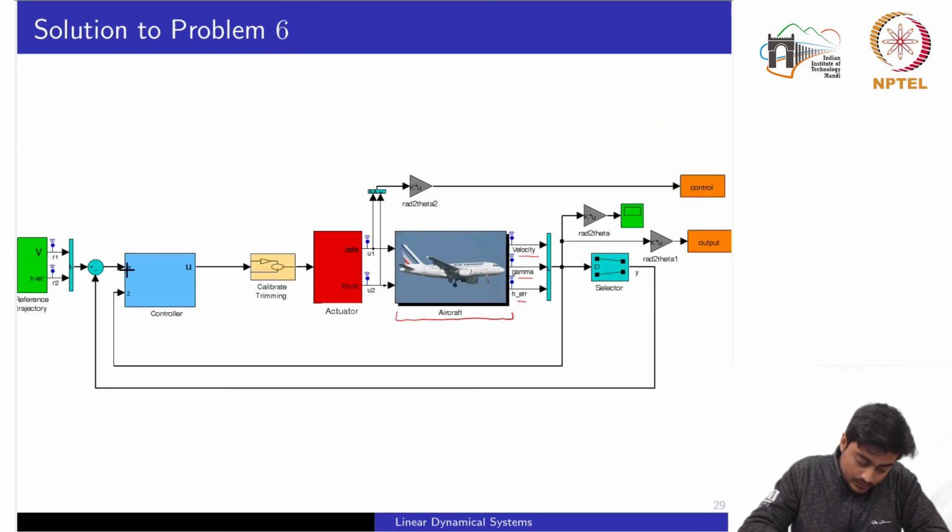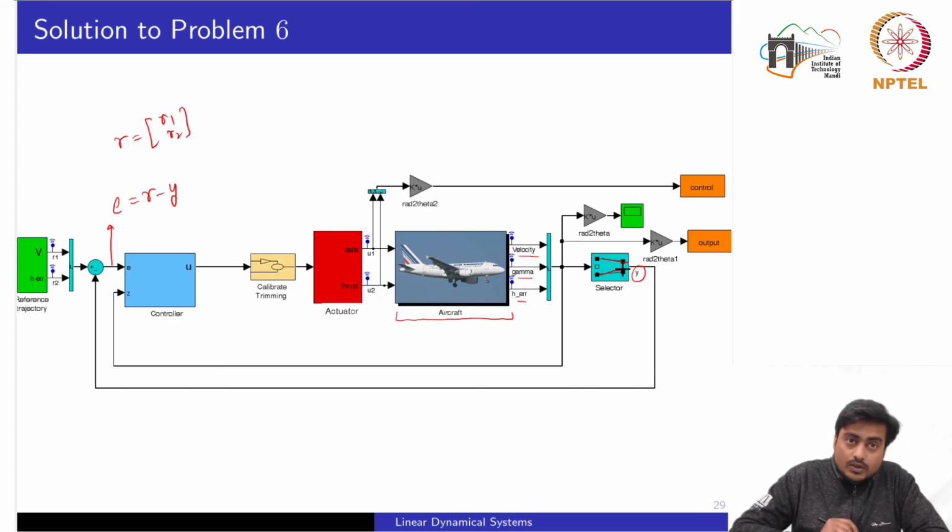Okay, so here we compute this error signal, r − y, where these r are the reference trajectories r1, r2, and here we are taking the y by taking only the first output and the third output. Okay, so from here we compute this error signal, and this input to the controller is z, which is nothing but equal to x, because C is the identity matrix.